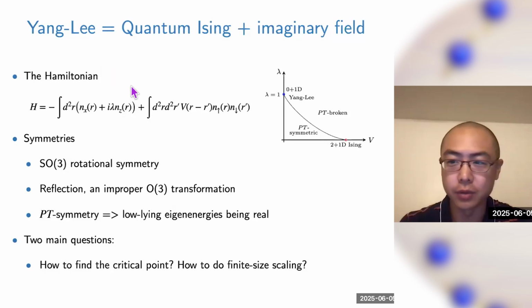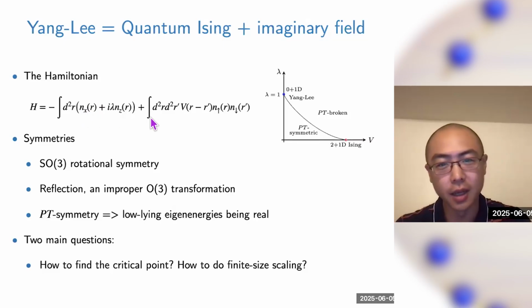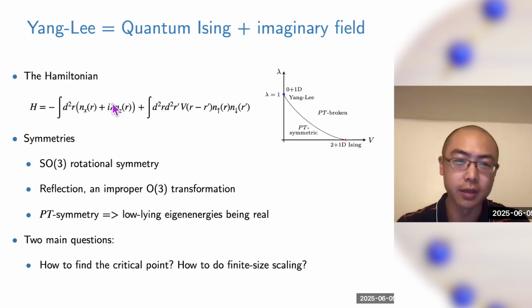So what we are going to consider is this Hamiltonian of a bilayer system where we have this transverse field N_x, and we set the strength to 1 as our energy unit. And we have this ferromagnetic coupling tuned by the pseudopotential V. And we also add this imaginary longitudinal field that gives us the Yang-Lee transition.